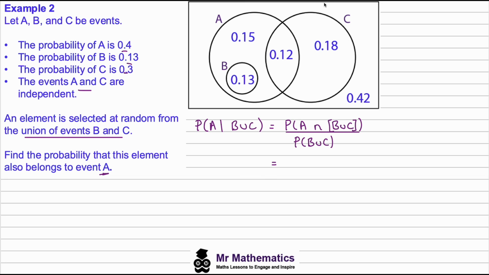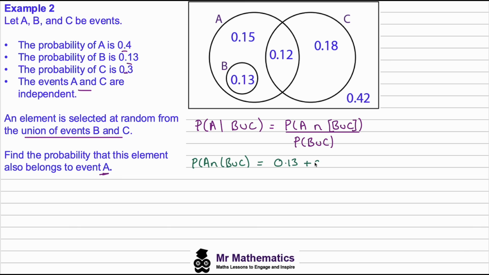If we work this out separately, A intersecting with B in union with C. Well, we can have A and B, or we could have A and C. So A intersecting with B is a 0.13, or because it's union, A and C, and that would be the 0.12.